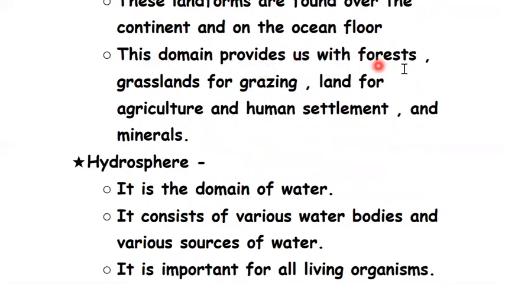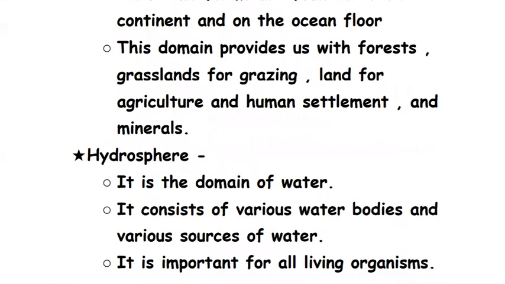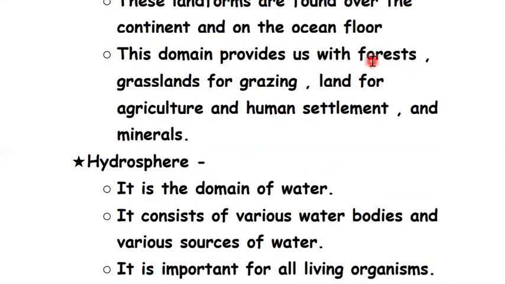This domain provides us with forests, grasslands for grazing, land for agriculture and human settlement, and minerals. So what is the importance of this domain, the lithosphere? It gives us forests, and many things are obtained from forests, such as wood, fruits, honey, etc. Lithosphere also provides us with grasslands for grazing of animals.